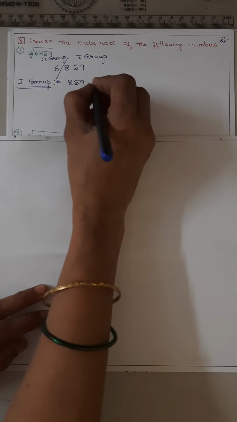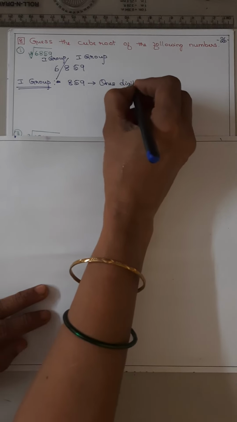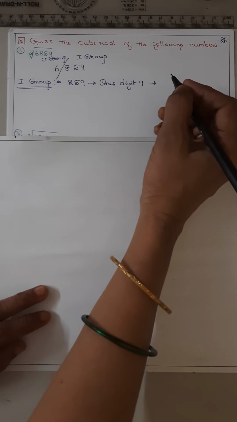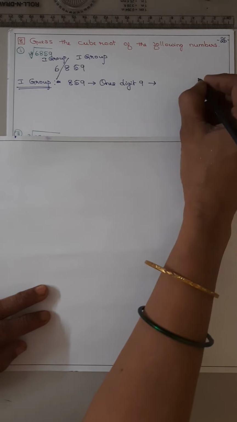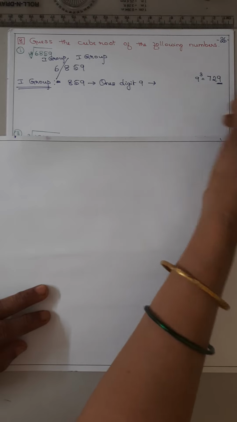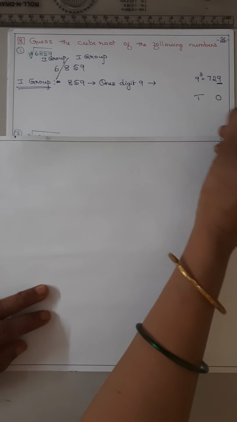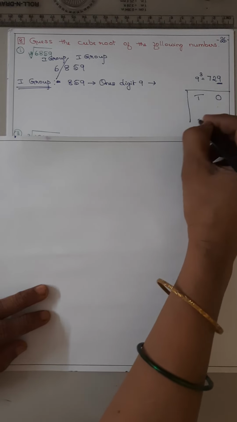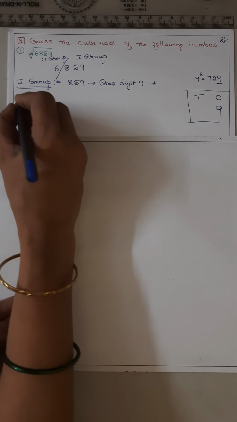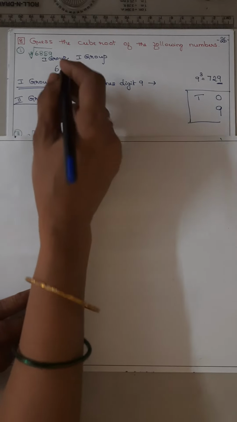859. So ones digit is what? 9. Means which number has 9 in the cube? 9 cube is 729. So the answer will have 9 in the ones place. Okay. Now second group, it is 6.